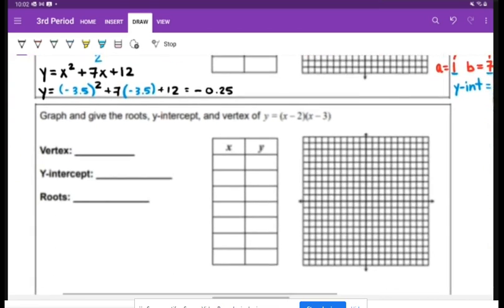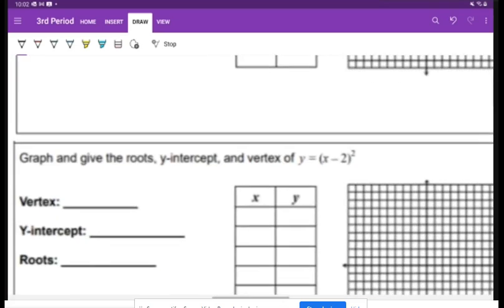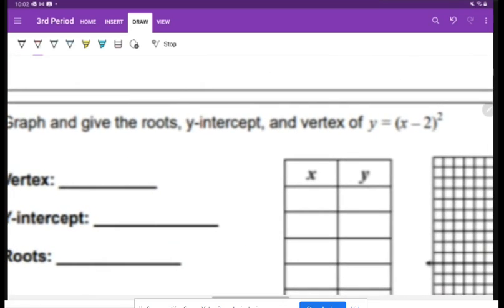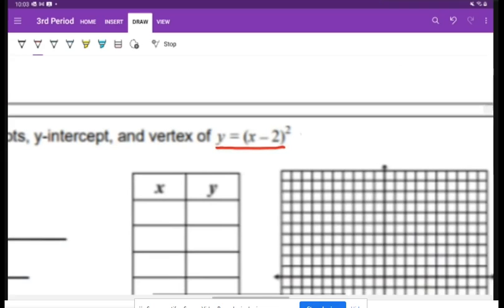Take a look at the 3rd example on this page. The formula that we start out with is y equals (x minus 2) squared. We haven't seen a parabola quite like this before. If something is squared, that would be the same as multiplying it by itself twice, right?